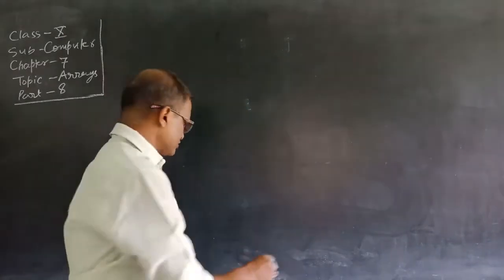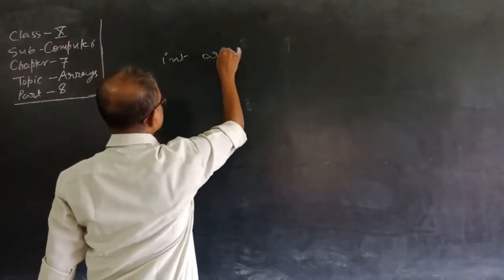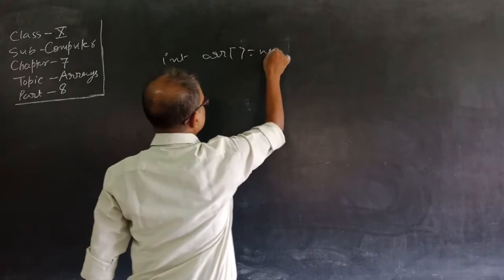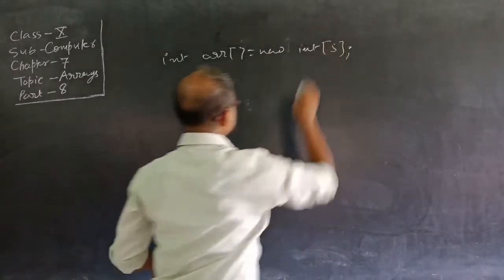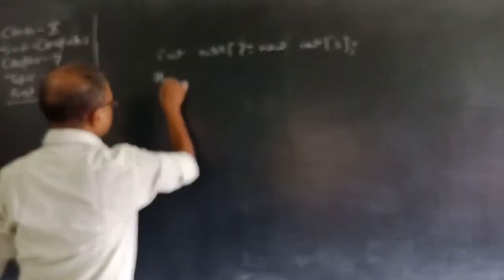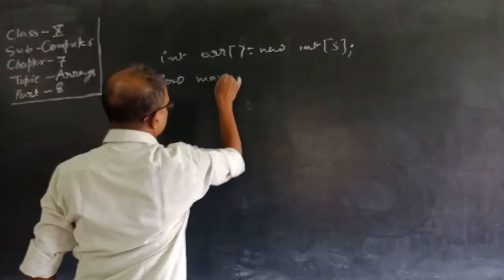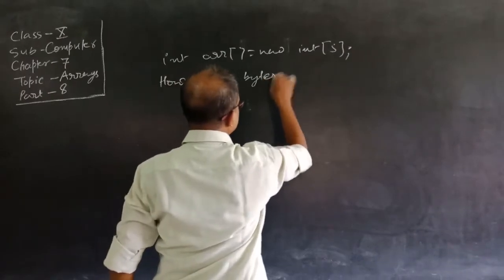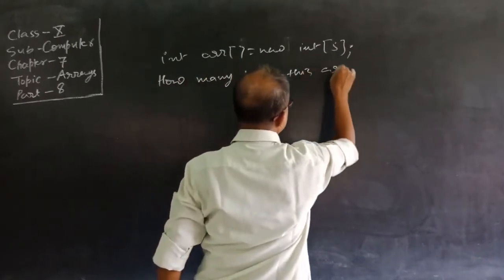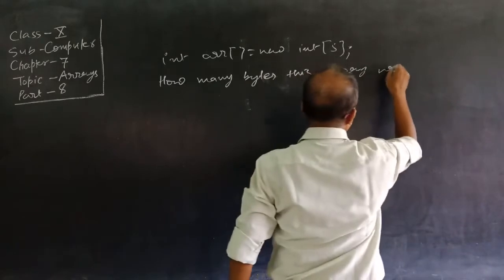What type of question? Suppose you will be given an array int arr equal to new int 5, and you will be asked that how many bytes this array will occupy.